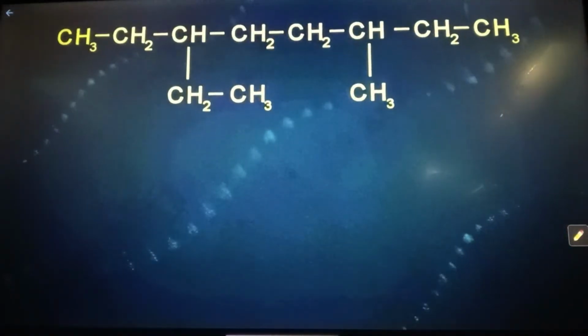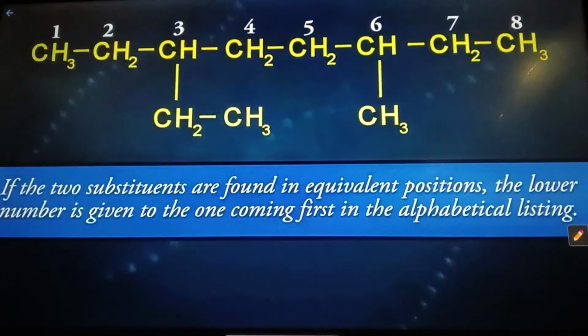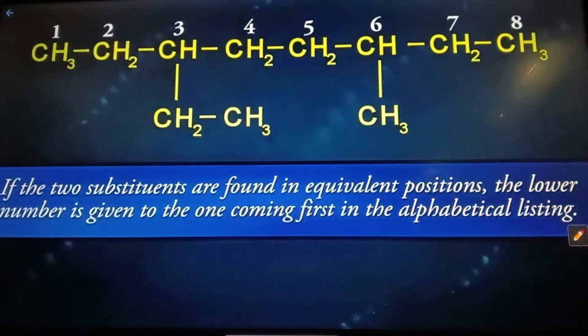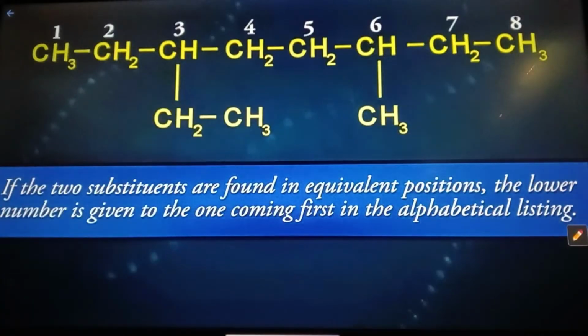Also, it is very important to know that if two substituents are found in equivalent positions, the lower number is given to the one coming first in the alphabetical listing.